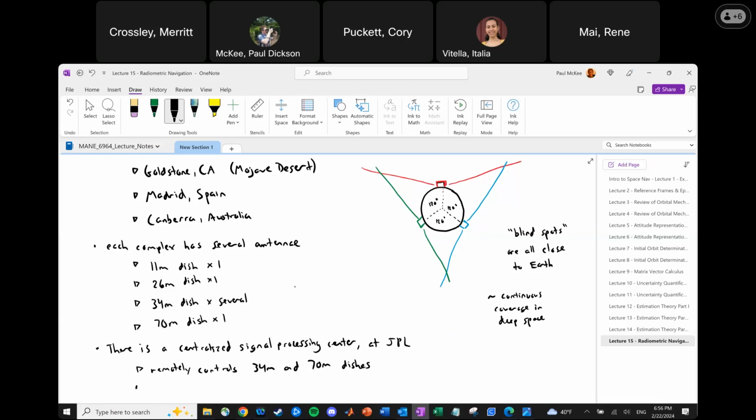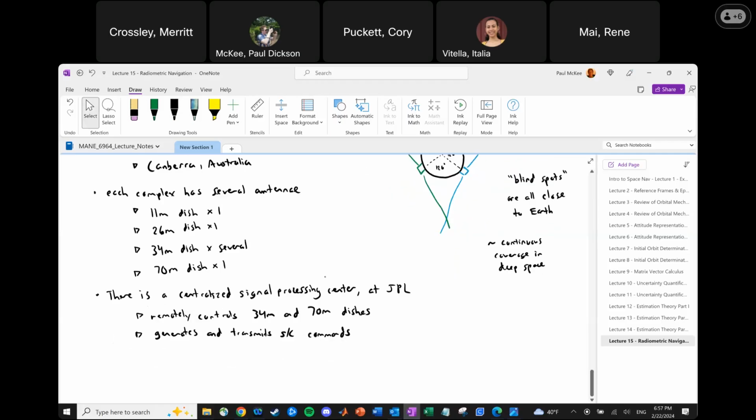It generates and transmits spacecraft commands, and also receives and processes spacecraft telemetry.